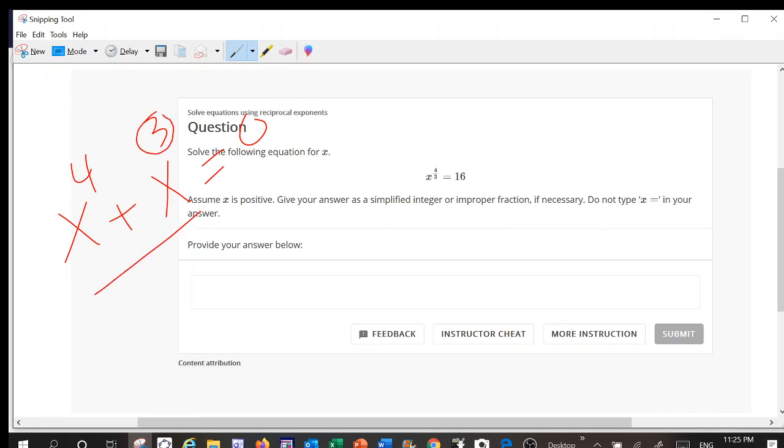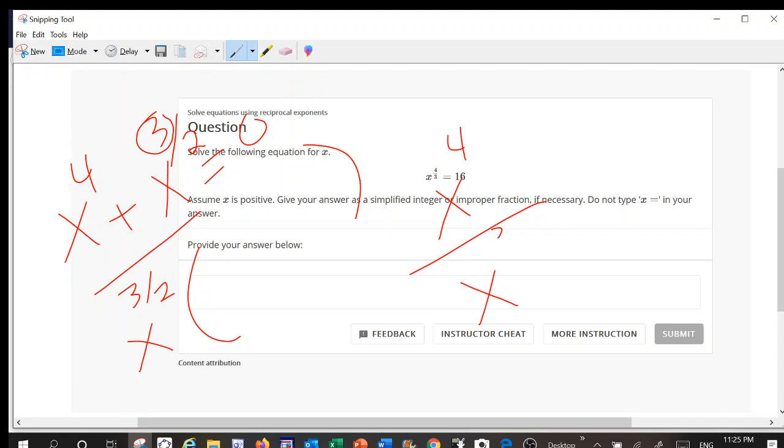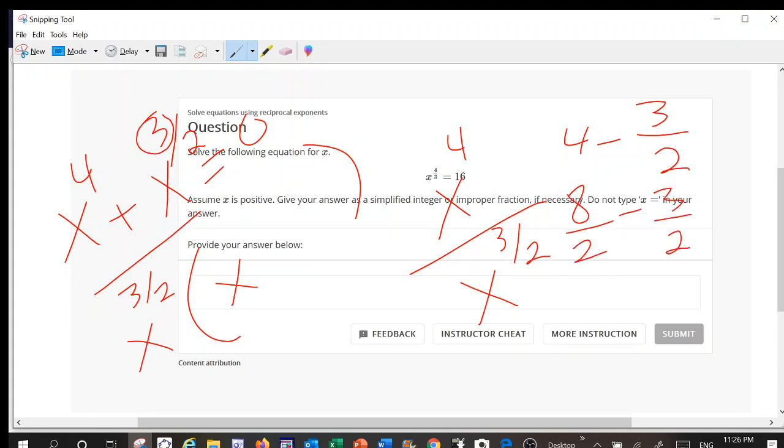If this was a 3/2, we could take the 3/2 out, and then divide x to the 4th by x to the 3/2. That would be 4 minus 3/2, and it goes here. What is 4 minus 3/2? Well, 4 is 8/2, minus 3/2 is 5/2, right? So that would be 5/2, and then plus 1. So that's the idea in the previous problem: you have the smallest exponent and you factor it out.